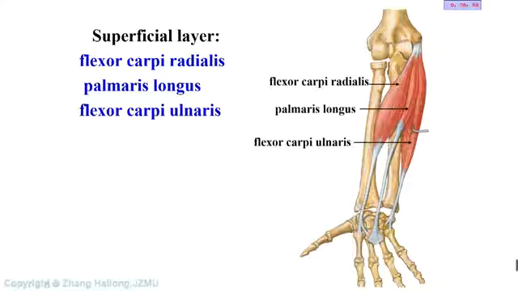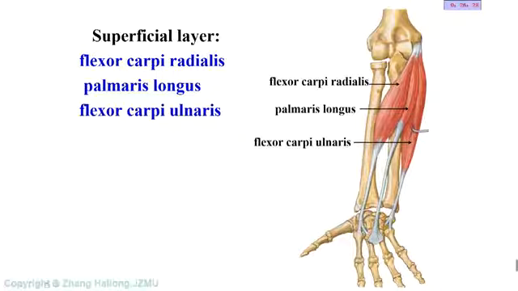Now let's continue. The third one is flexor carpi radialis. Flexor carpi radialis is from the medial side of the humerus, and then ends on the radius, and then on the wrist. Carpi means the wrist, on the radial side. Okay, and then palmaris longus.